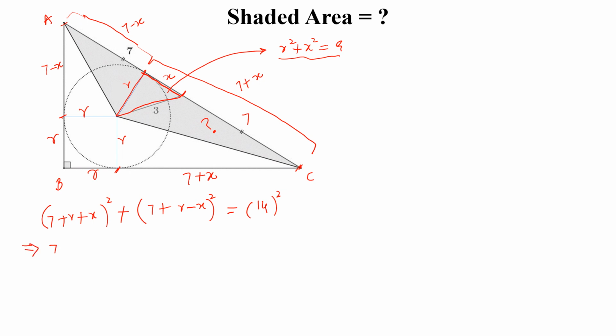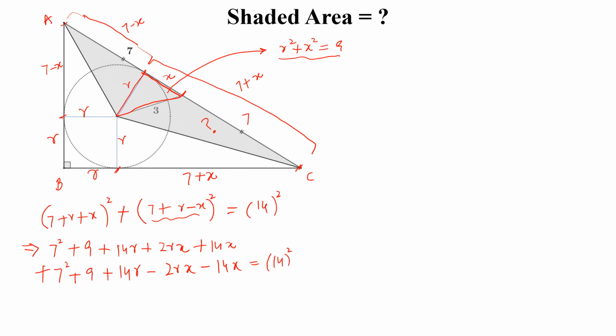Now if we simplify this, so 7 square plus R square plus X square, and this is equal to 9, and plus 14R plus 2RX plus 14X. Similarly, this will be equal to 7 square plus R square plus X square, and this is 9, and plus 14R minus 2RX minus 14X is equal to 14 square.